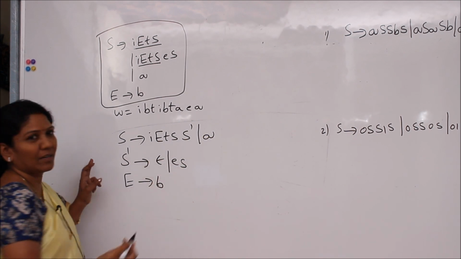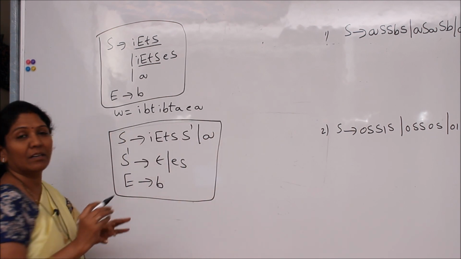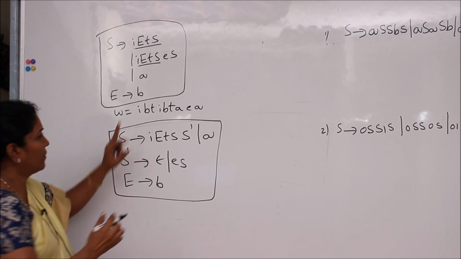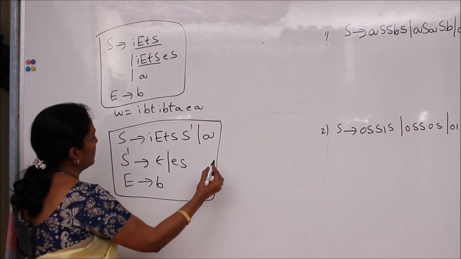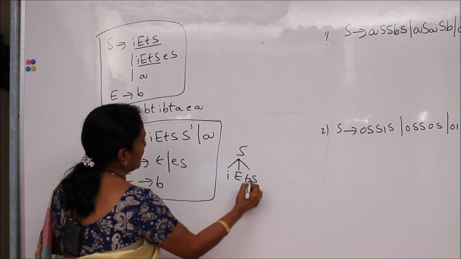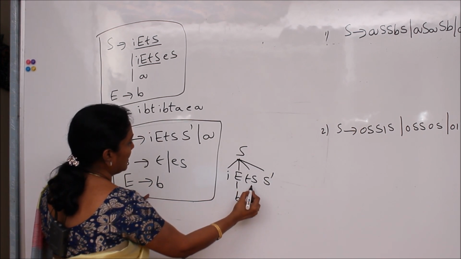So this is the equivalent. If you want to check whether it is really equivalent after left factoring, you can check with this example. If you want to derive this string out of this, S is iEtS dash, E can be b. So ibt I could get.